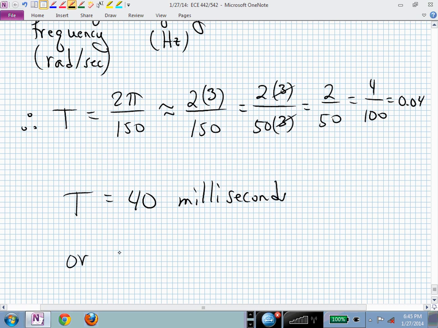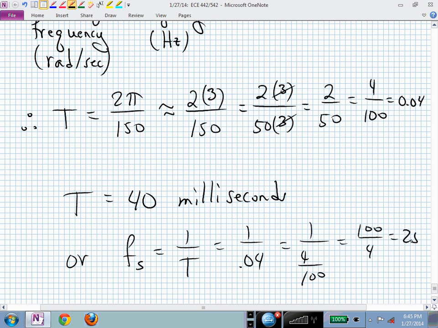Or f sub s is 1 over T, or we're sampling at 25 hertz, which isn't very fast, is it? But it's still 30 times the closed loop bandwidth of 5 radians per second that we started with.